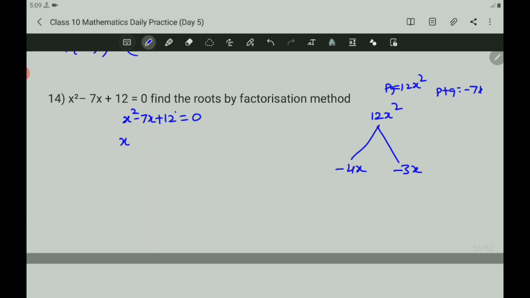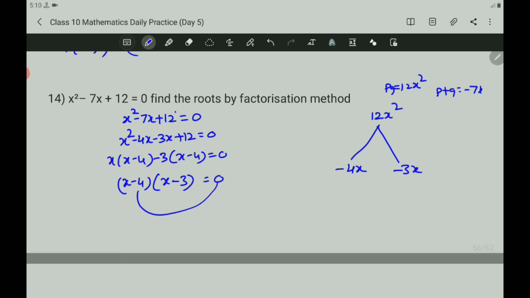That is x square minus 4x minus 3x plus 12 equals 0. So write x into x minus 4 minus 3 into x minus 4 equals 0, and first factor x minus 4. x minus 4 is common, you write that in the bracket, and next x minus 3 is in the other bracket, equals 0.